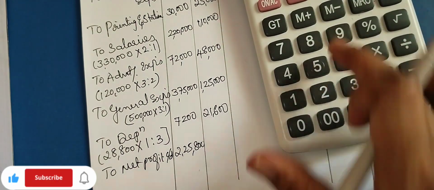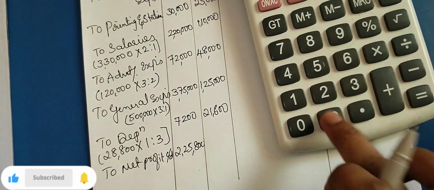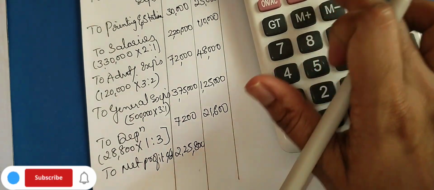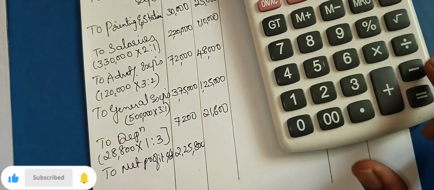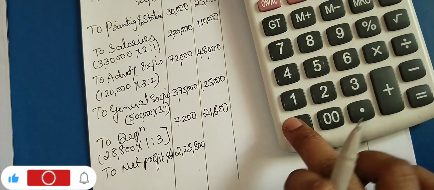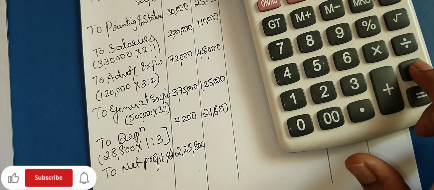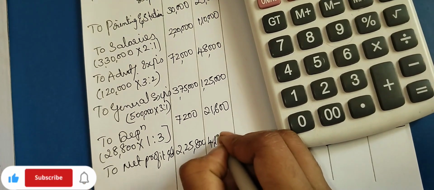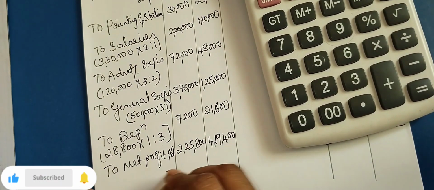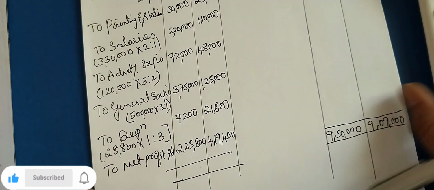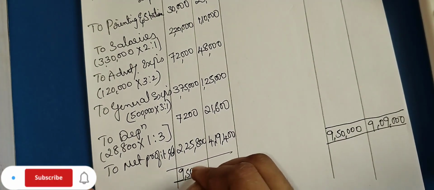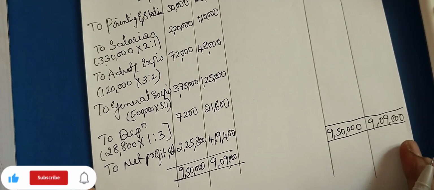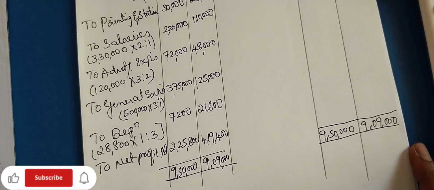Then 9,09,000 minus 1,60,000 minus 25,000 minus 1,10,000, 48,000, minus 1,25,000, 21,600, gives 4,19,400, which is our net profit. Now we are preparing the general profit and loss account.